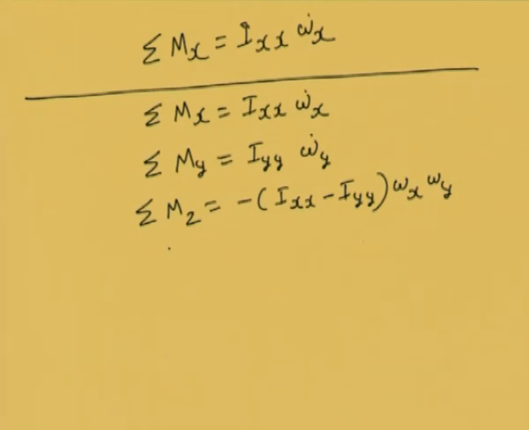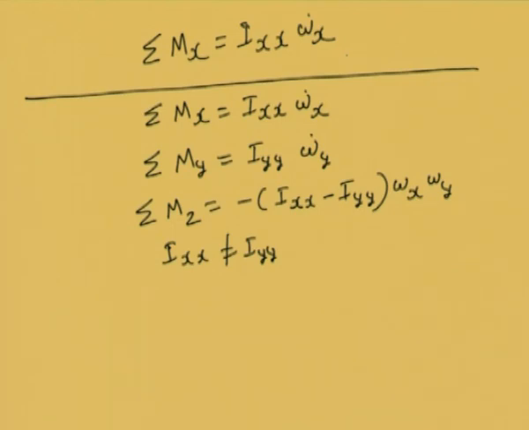If Ixx is not equal to Iyy, then the body experiences net moment in the z direction also. Even if omega x is constant, so that sigma Mx is Ixx omega dot x, that means this is 0, and sigma My is 0.